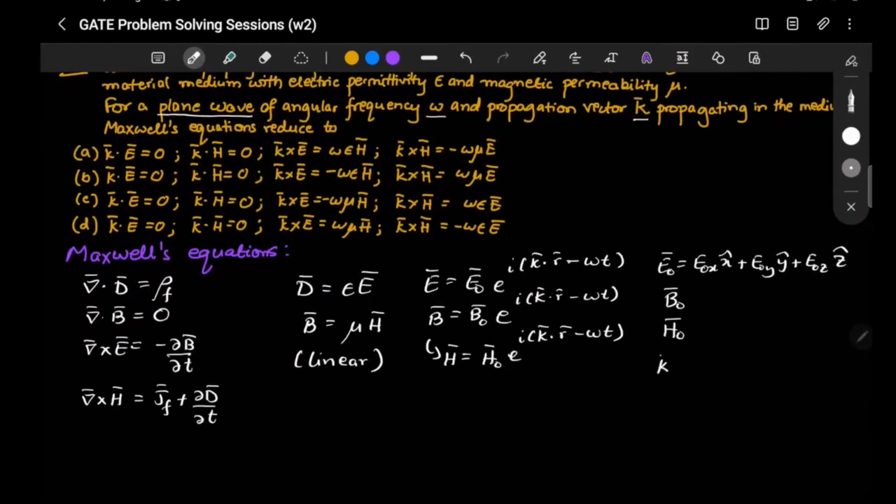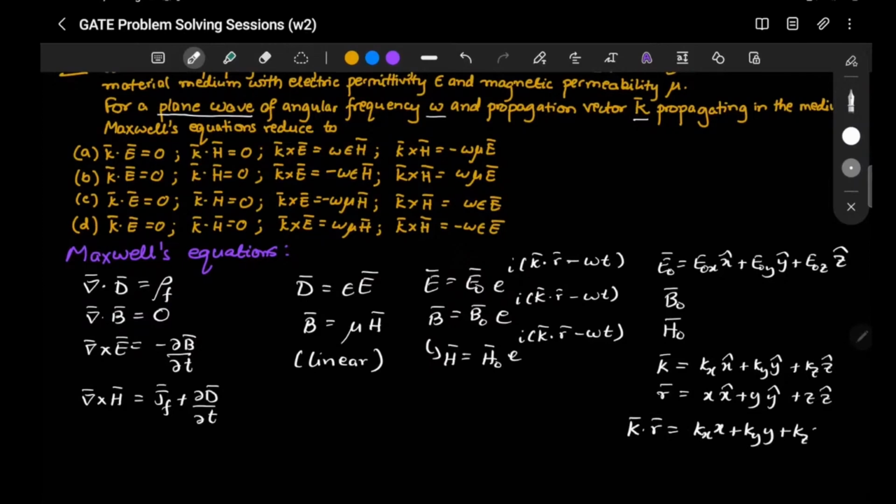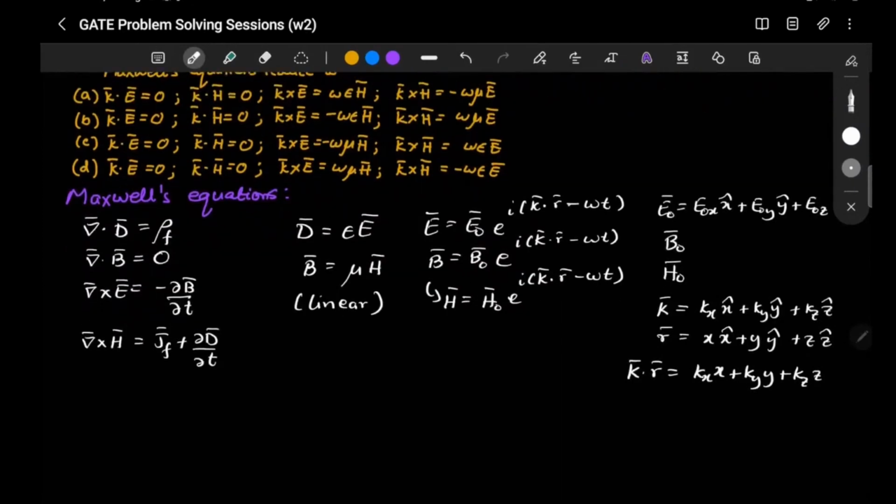The k vector will also be kx along x cap, ky along y cap, kz along z cap, and the r vector is going to be as follows. And hence our k dot r is going to be like so. So this is the k dot r that we have.